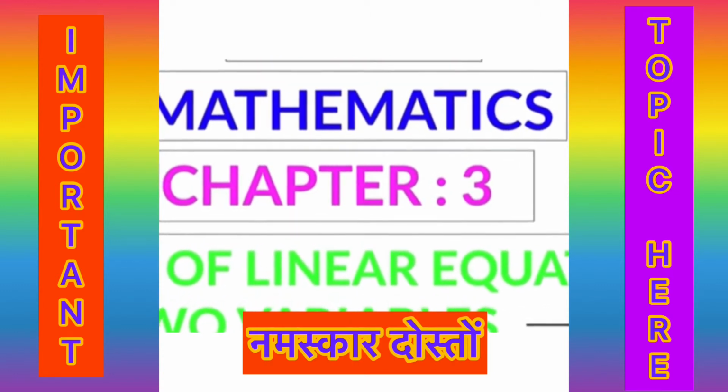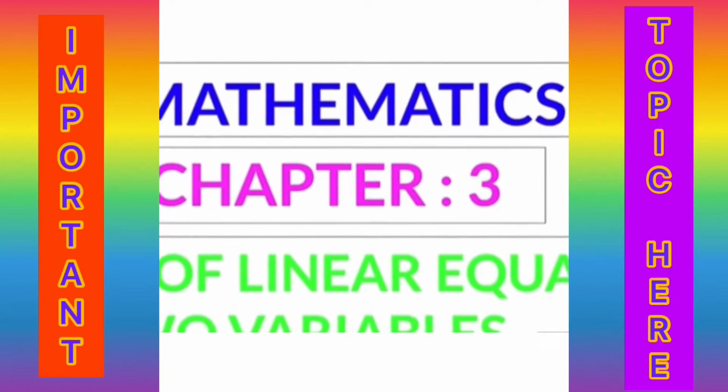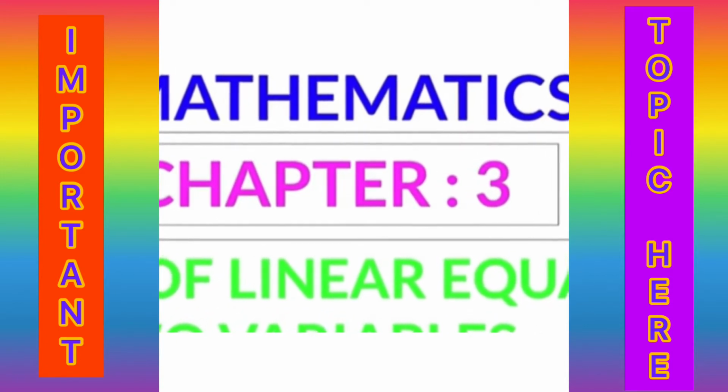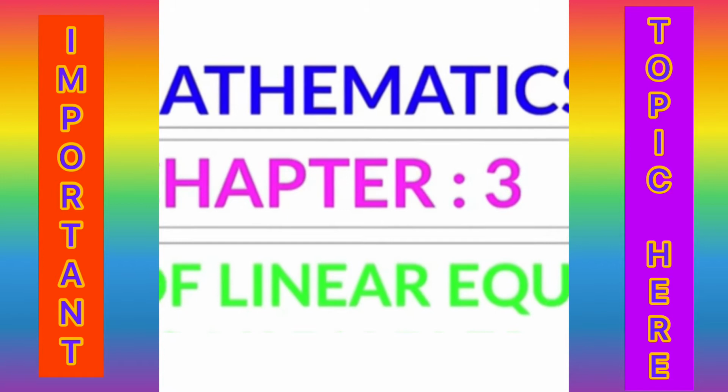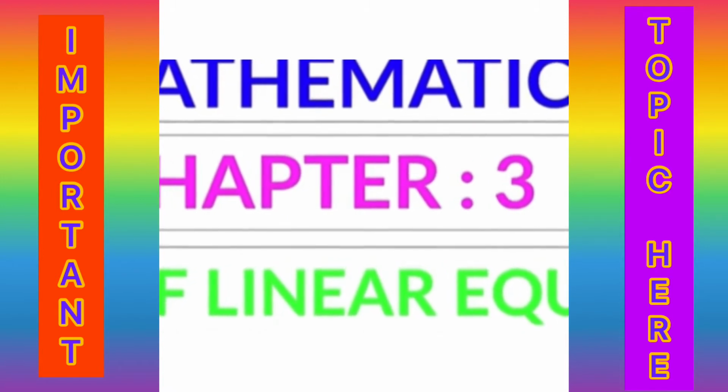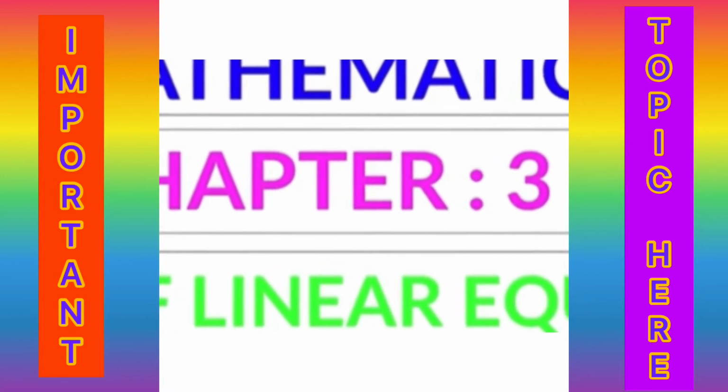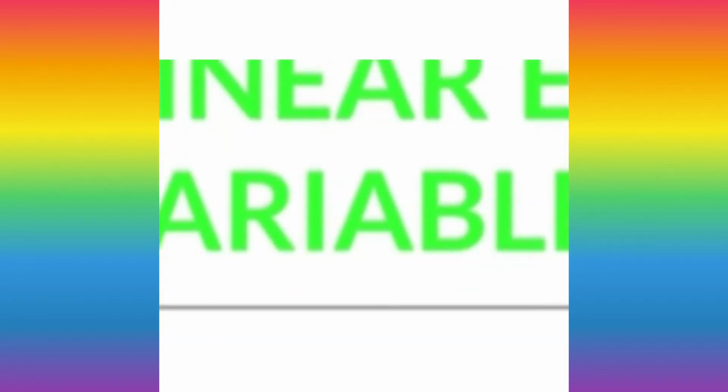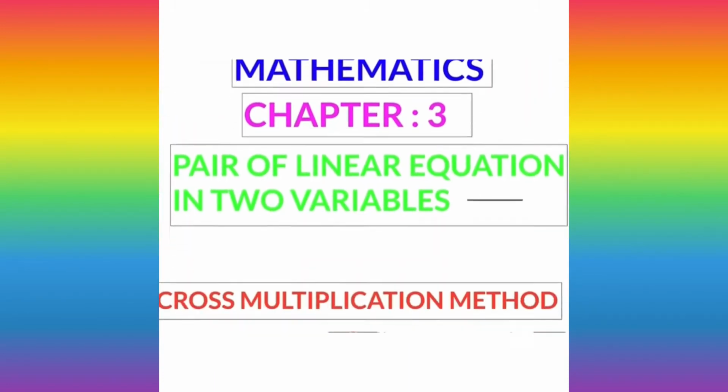In this chapter we will discuss the algebraic method for the solution of a pair of linear equations in two variables, and in this algebraic method we will discuss the cross multiplication method.